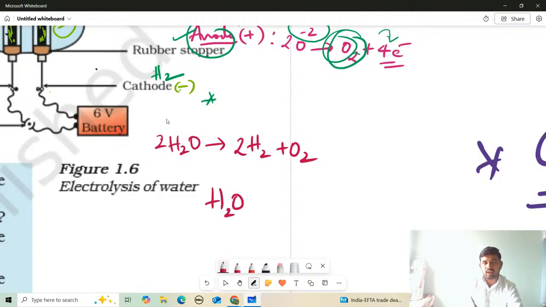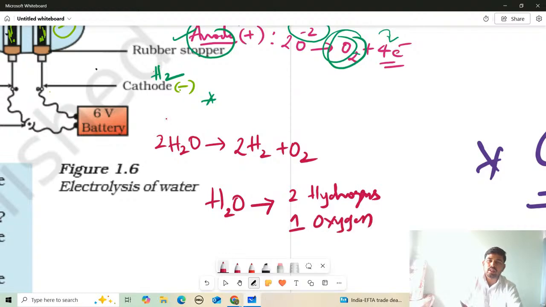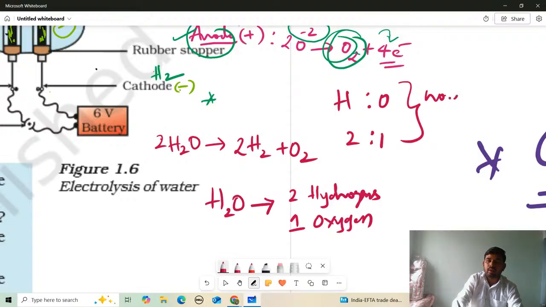Because you see here, one water molecule is made up of two hydrogens and one oxygen. We can say the hydrogen to oxygen ratio in water is 2:1. This is the volume ratio or number ratio.